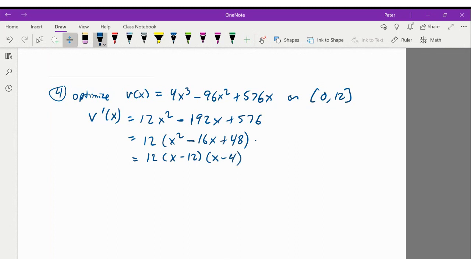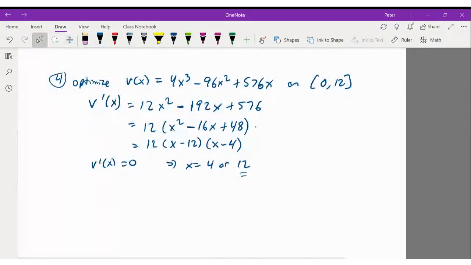So the zeros of V prime of x equals 0 imply that x equals 4 or 12. Note that we were already going to check 12 anyway because it was an endpoint, but it turns out that it's also a place where the derivative is 0.